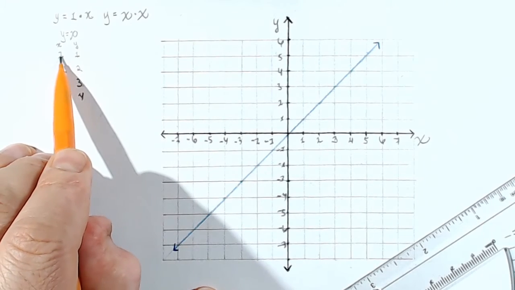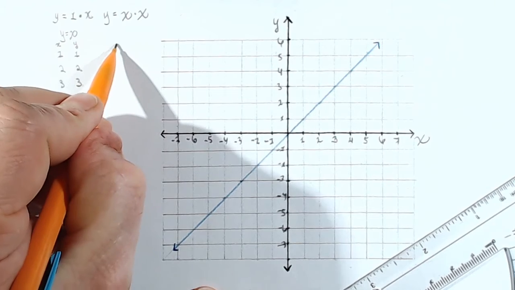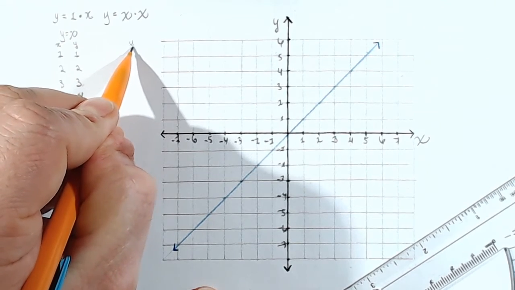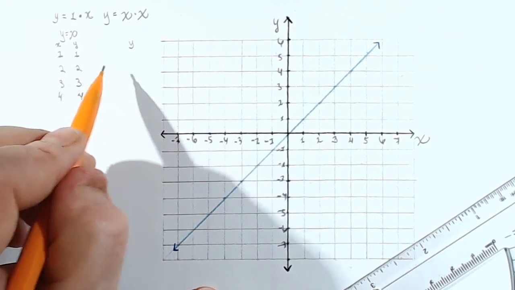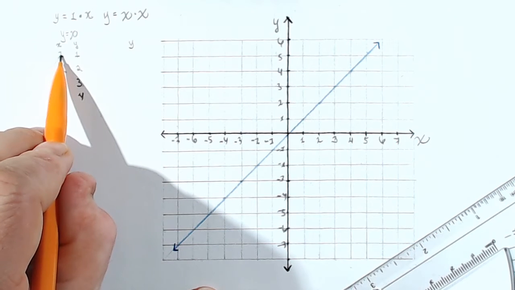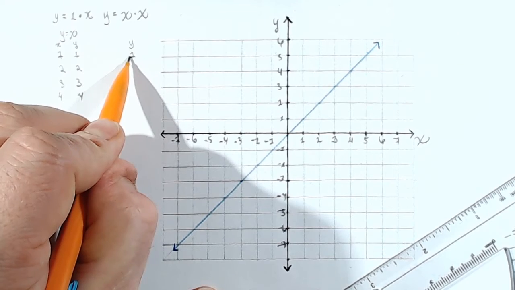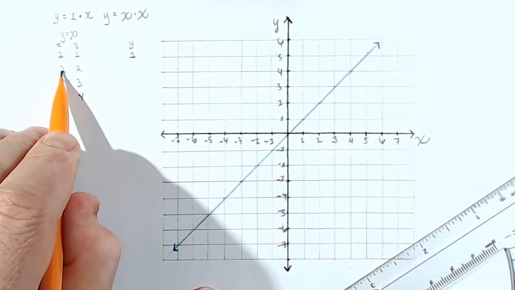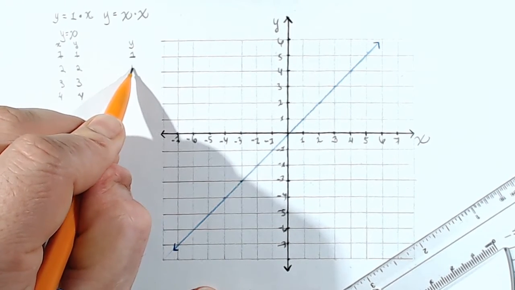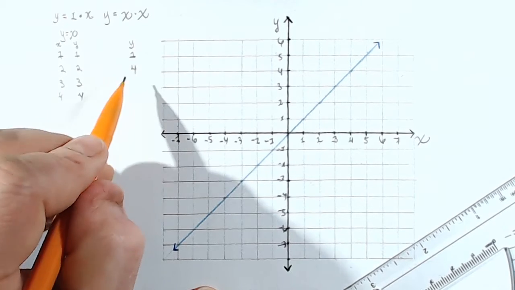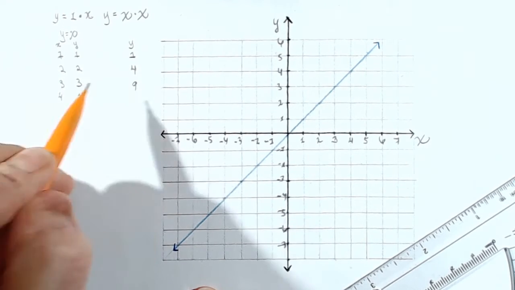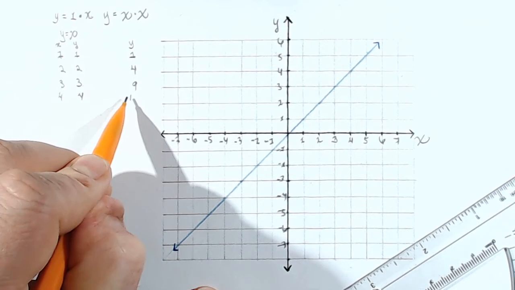So here are my y values for this graph. I take my x and I multiply it by itself. 1 times 1 is 1. 2 times 2 is 4. 3 times 3 is 9. 4 times 4 is 16.